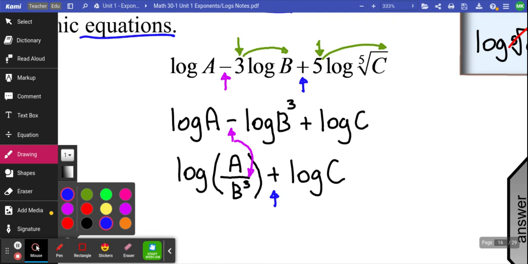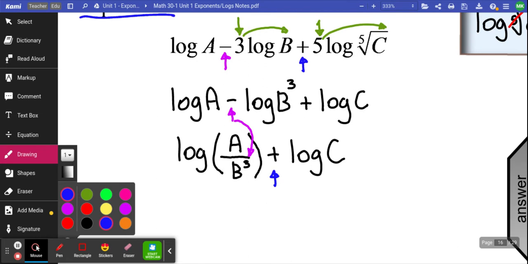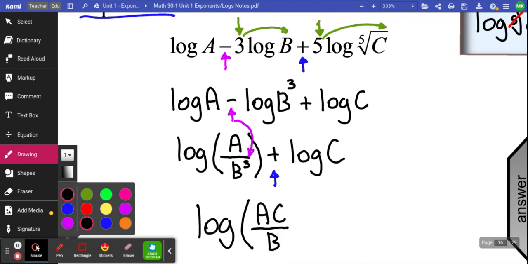The C goes to the top, the 1 goes to the bottom. This becomes log of AC divided by B cubed. That is now one log.